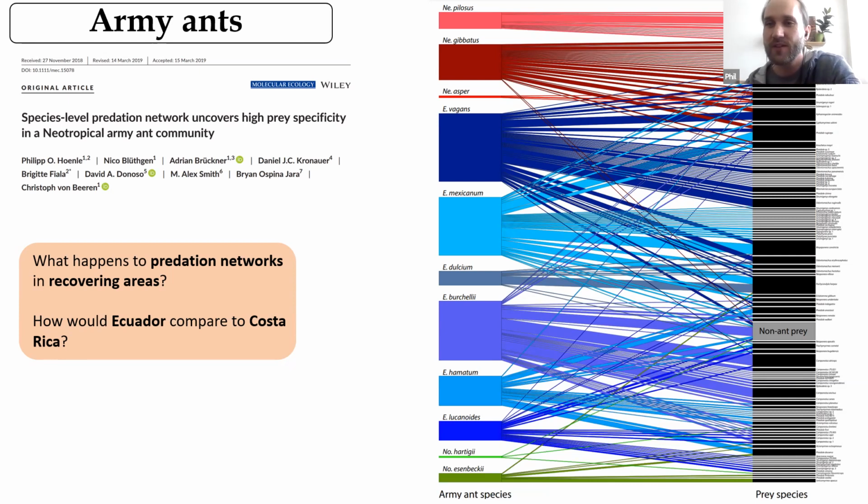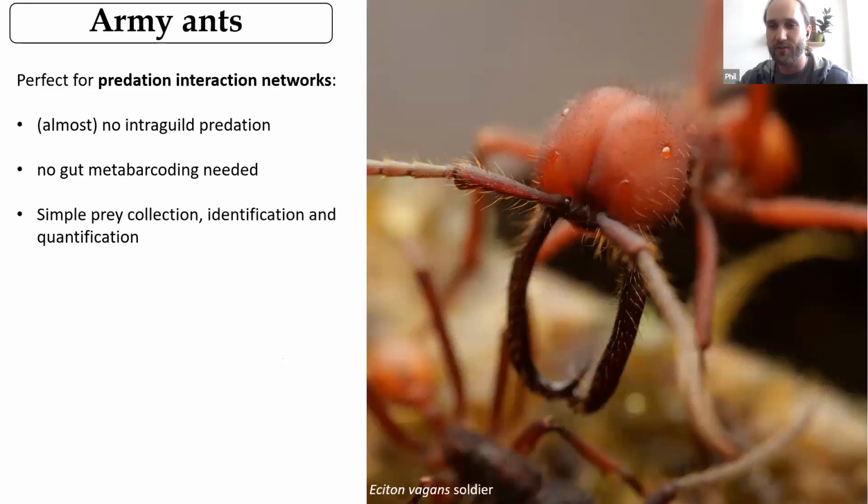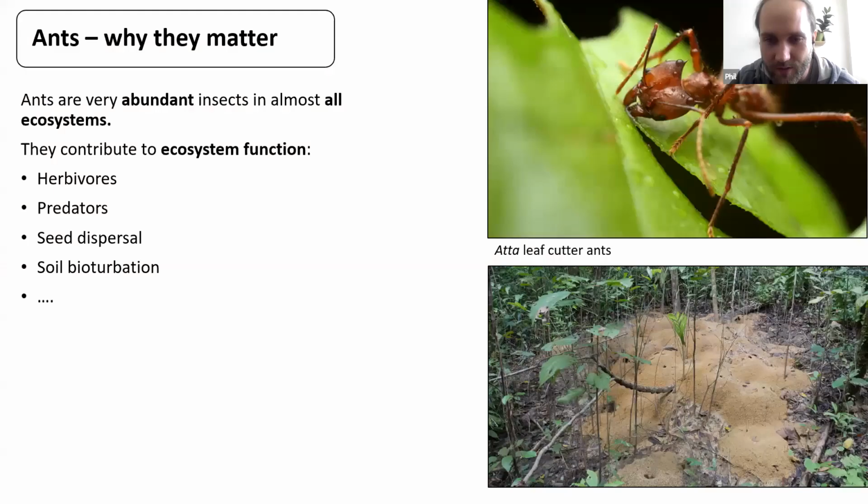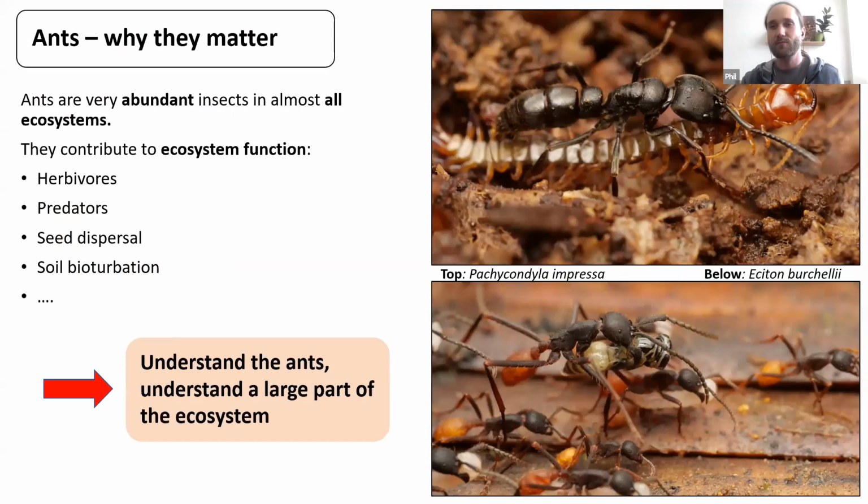So we have wasps in our predation data. I also showed at the very beginning a picture of an army ant eating a wasp. The wasp is here. But if we really quantify it, it's a really tiny fraction of the whole food.